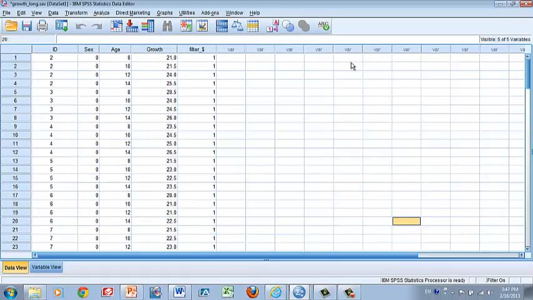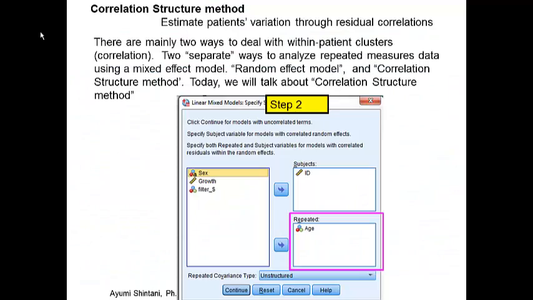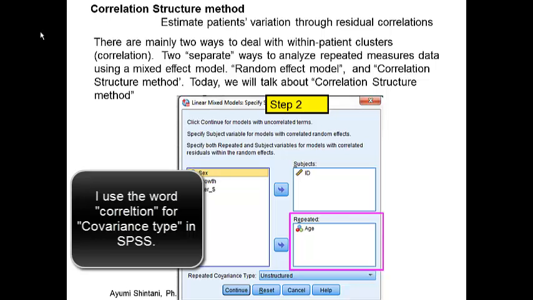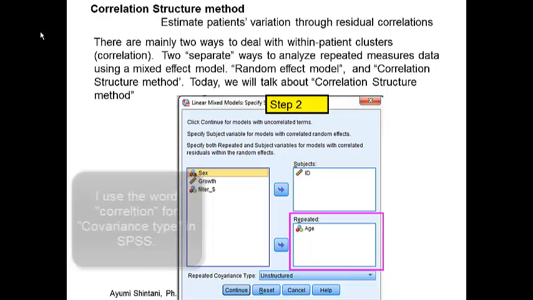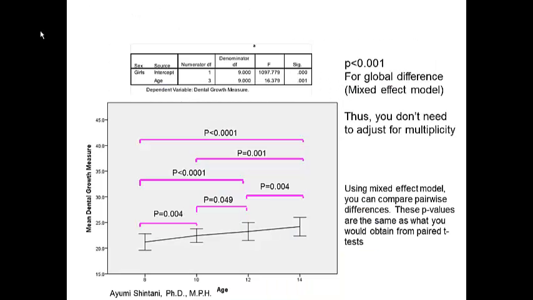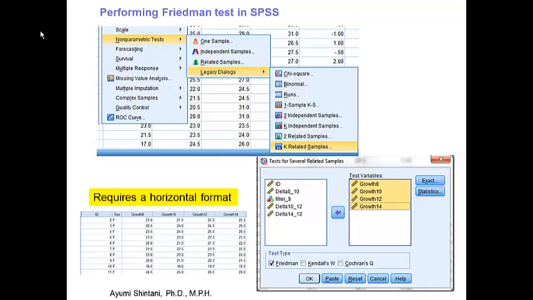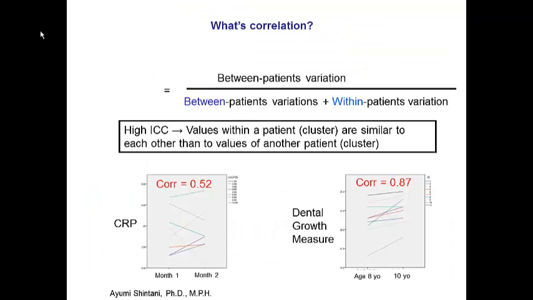Those are the methods we are going to talk about today. Before that, we will talk about correlation, which is the same thing as covariance type here, and why it's important to know the correlation among repeatedly measured data. Let's go back to this slide.